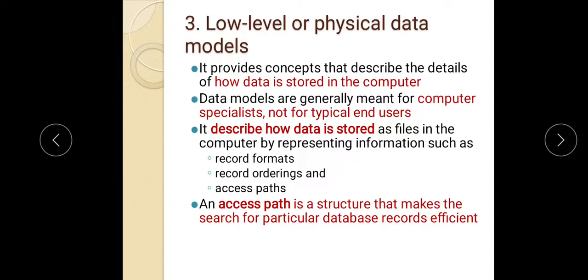Clear? These are the three pieces of information that the low level or physical data model deals with.